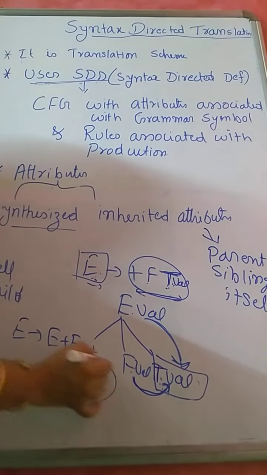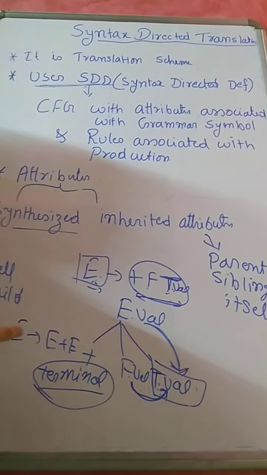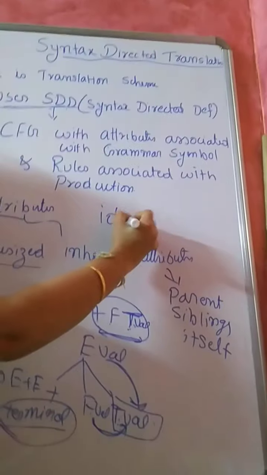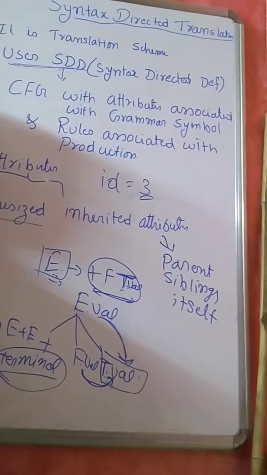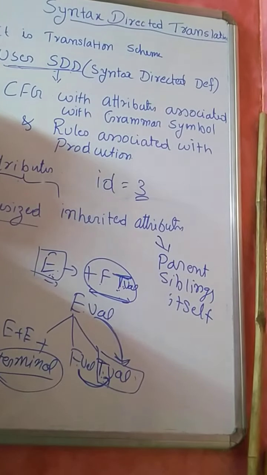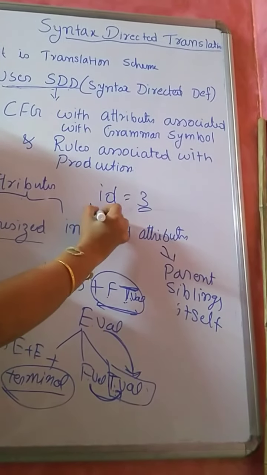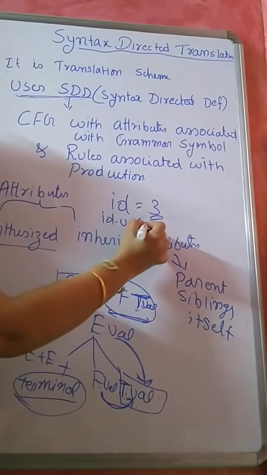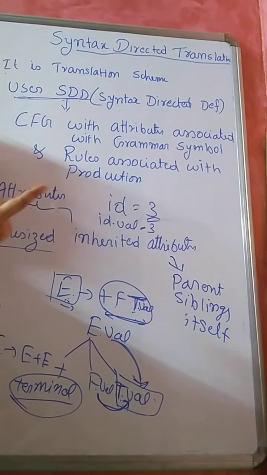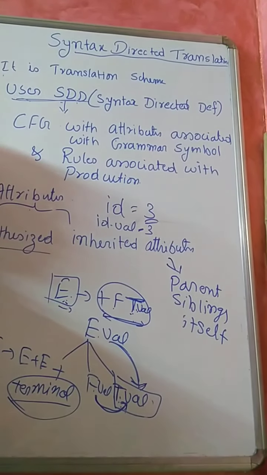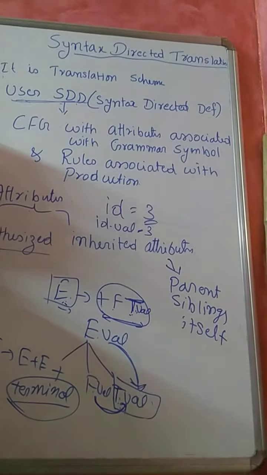All your terminal values, for example id is equal to 3. Who is defining this 3? Where is this attribute value for an id coming from? So I'll write id.val. Where is this id.val coming from? It is coming from the lexical analysis phase, given by the user.